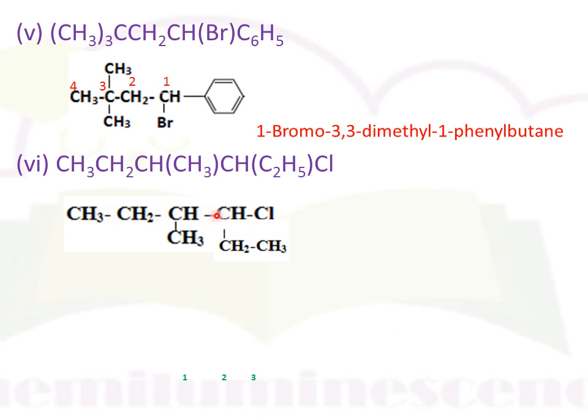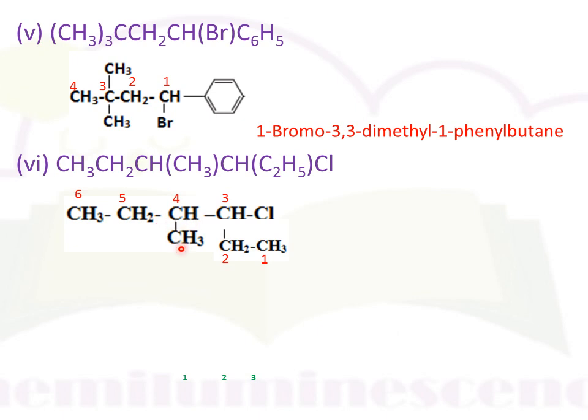Now select that end to which chlorine is nearer. If you start numbering from this carbon, 1, 2, 3, 4, chlorine comes at the 4th carbon, and if you number from this end, 1, 2, 3, chlorine is at the 3rd carbon. Hence the numbers will be given in this way. Now see the other substituents present on the chain.